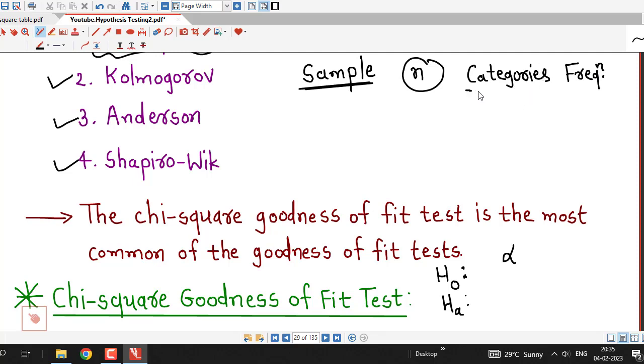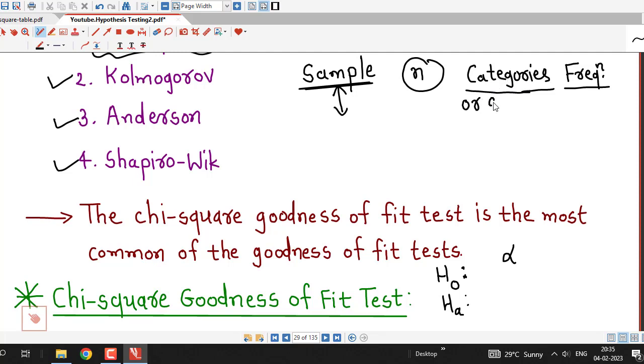So we will have frequency distribution type data. If our sample is given as raw data, then we can make the frequency distribution from that ungrouped data if it is not given in the problem.